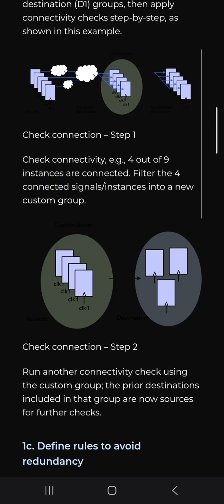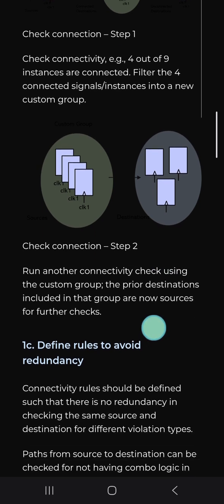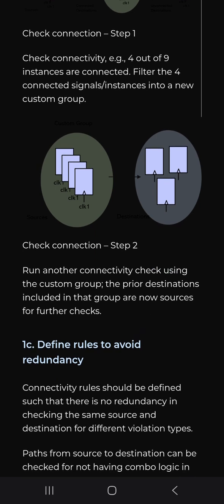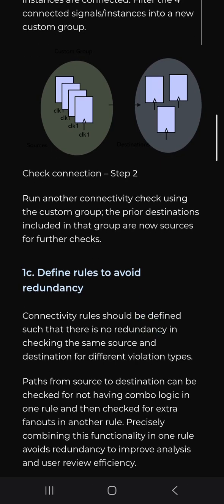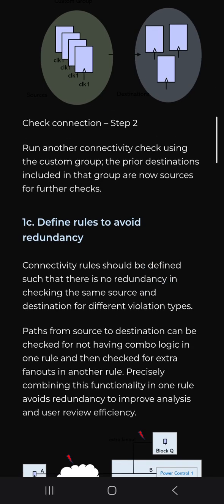Check connectivity. For example, 4 out of 9 instances are connected. Filter the 4 connected signal instances into a new custom group. Check connection, step 2. Run another connectivity check using the custom group. The prior destinations included in the group are now sources for further checks.